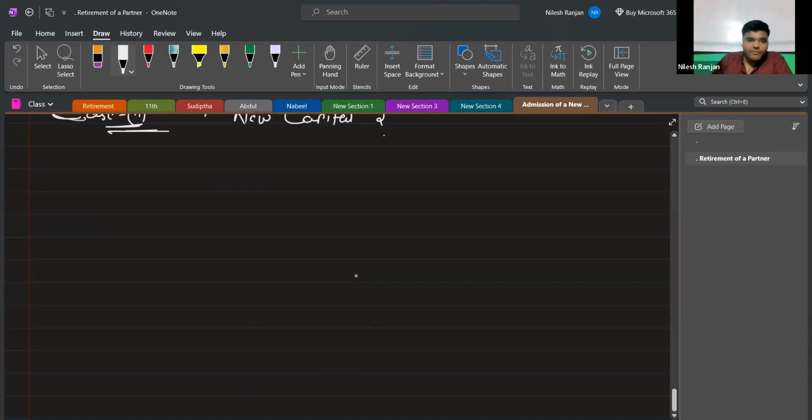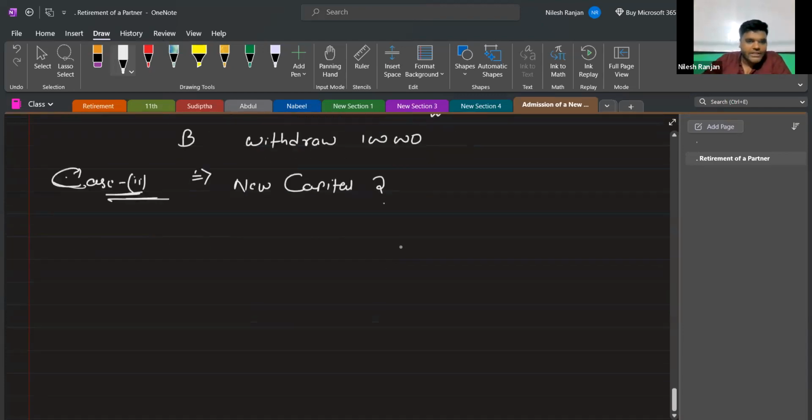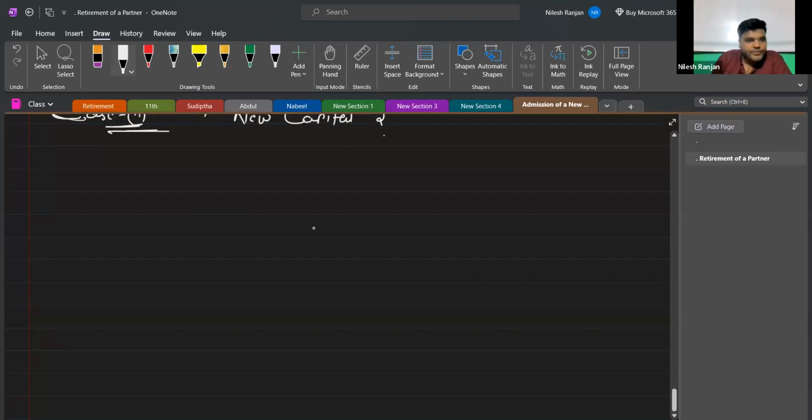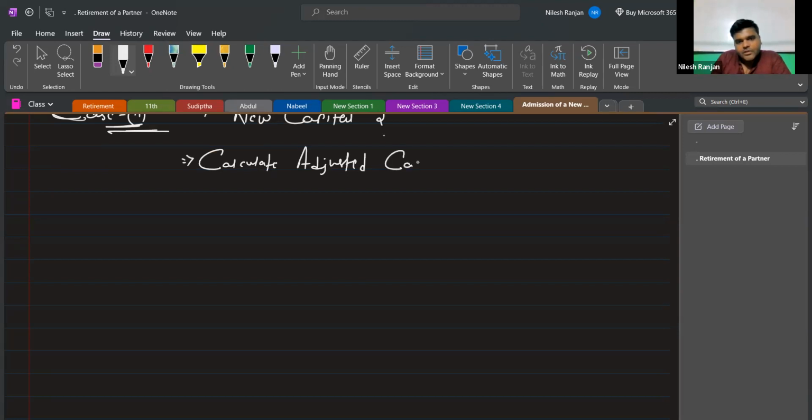So if the new capital is not given in the question, then in the same manner, you will calculate the adjusted capital. You will calculate the adjusted capital of each partner, which is already given in the question, so 3 lakh and 3 lakh.